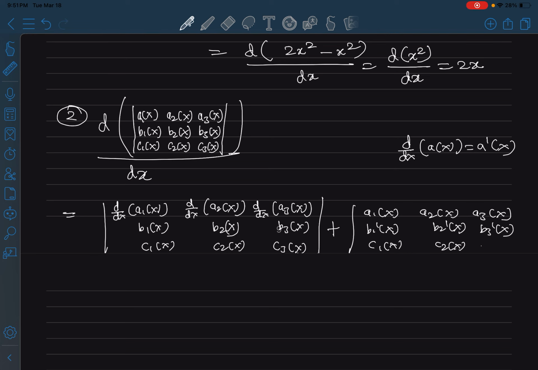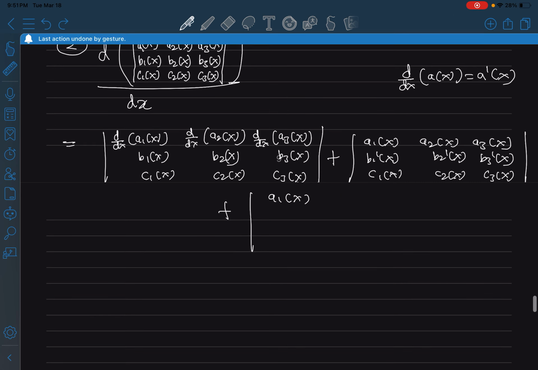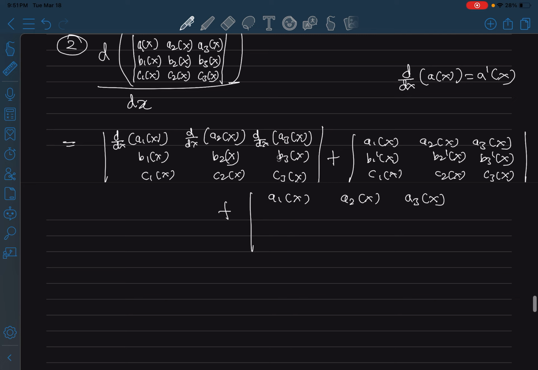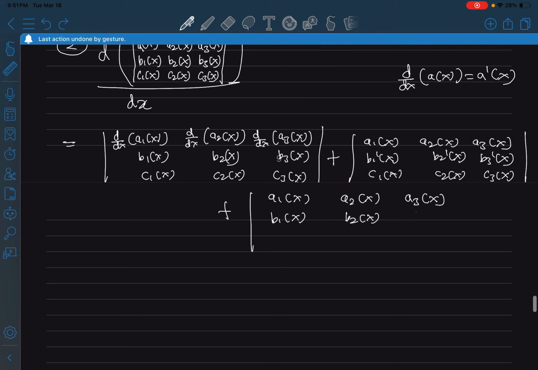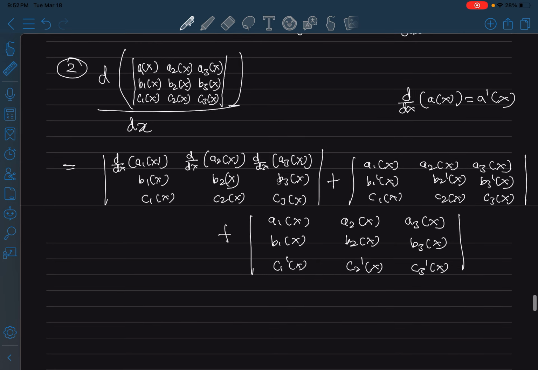You can also generalize this to any dimension, not just 3. You get the idea. Also now you add the determinant where only the third row will be differentiated: c1 prime of x, c2 prime of x, c3 prime of x. So this is what the Leibniz formula says.